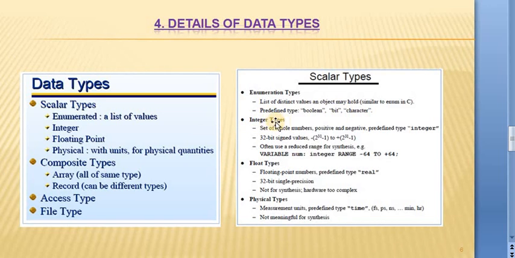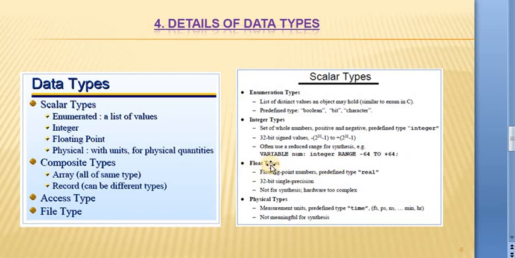Similarly, integer type is that which has a set of whole numbers, that is positive and negative, and it is defined as predefined type integer. So the range is 32-bit signed values. It is often used for the reduced range of synthesis. So an example is given here that integer range is -64 to +64.